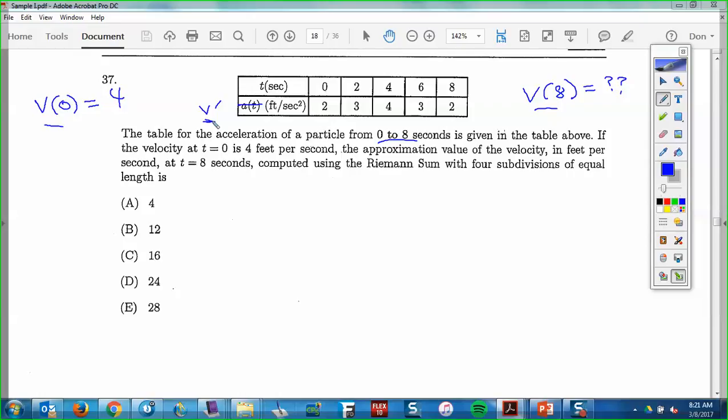Right, area, but we're talking about how an integral can mean more than just area, right? We use a Riemann sum to approximate an integral. I said this the other day. People get confused when they read a problem that says, hey, find the velocity using a Riemann sum. You're like, how can I find a velocity using a Riemann sum? You're not finding a velocity using a Riemann sum. You're going to find an integral using a Riemann sum.